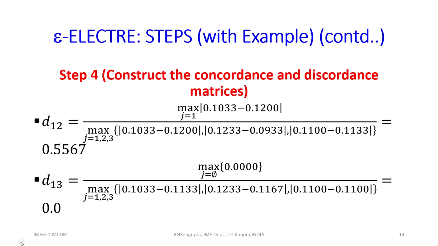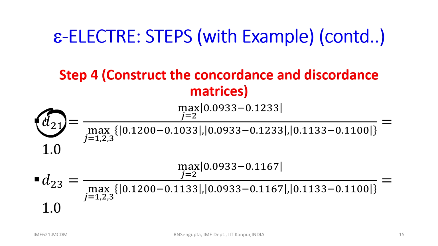So, now we come to the discordant part. If I considered D 1 2, the calculations again are the same, so I am not repeating it. D 1 3 is found out, and just one point. So, this j is a null set, that means there is no such alternatives where the discordance level was there.